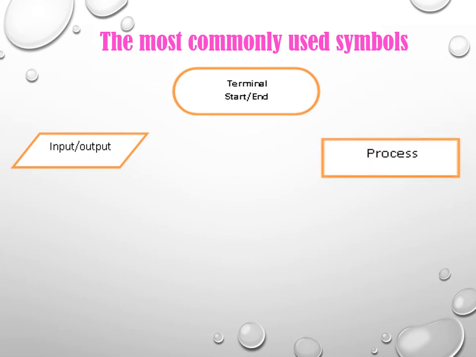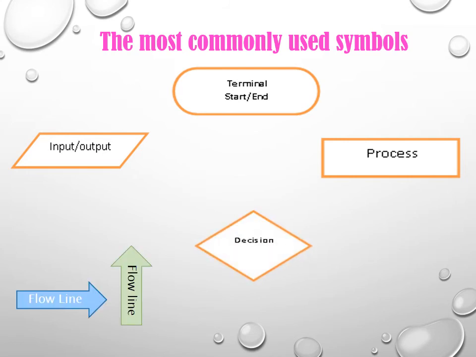The process. The decision, and finally the flow lines, which connect the flowchart together and tell us the sequence of steps and how the steps flow.